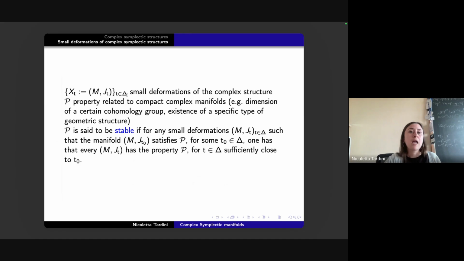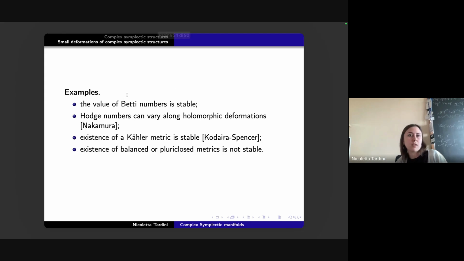This is a general problem in complex geometry: to understand whether nice properties of complex manifolds are stable under small deformations. For instance, of course, the Betti numbers are stable, because the Betti numbers do not depend on the complex structure; they just depend on the smooth manifold, which is fixed.